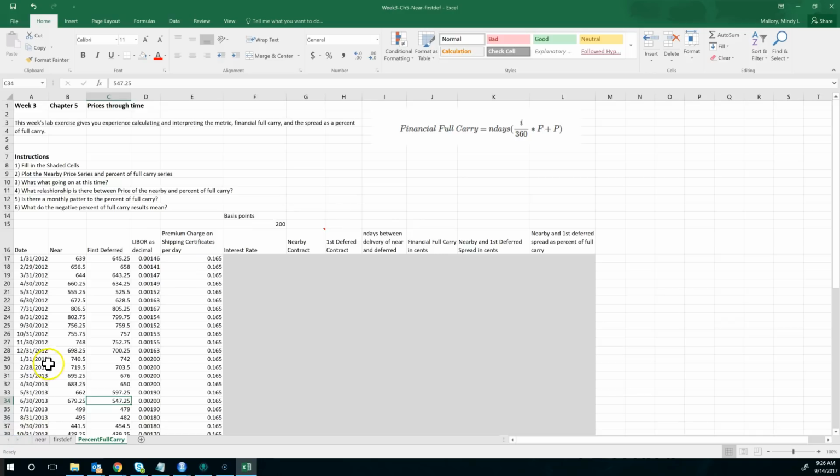All right, so let's calculate the interest rate. We have to do LIBOR. I've got it here expressed as a decimal plus 200 basis points. And you're going to have to translate these basis points into a decimal that looks like an interest rate. I'm going to do a little practice calculation here. I know that 200 basis points is equivalent to 2%.